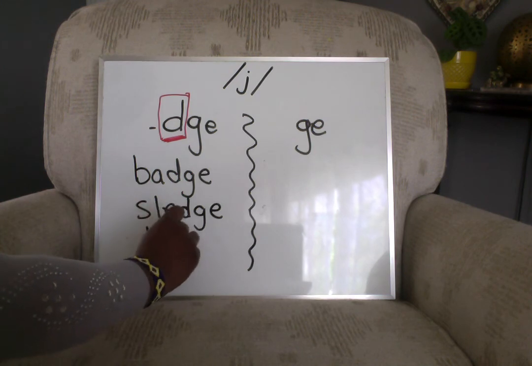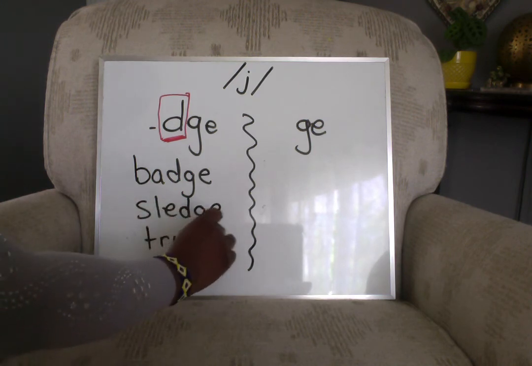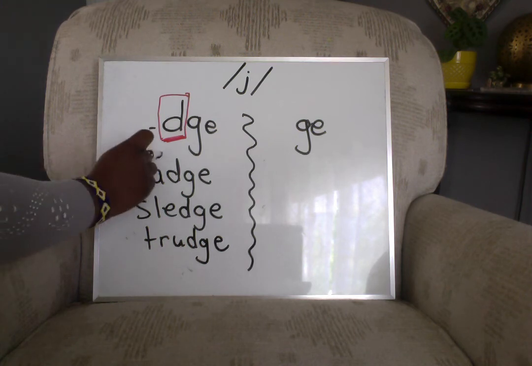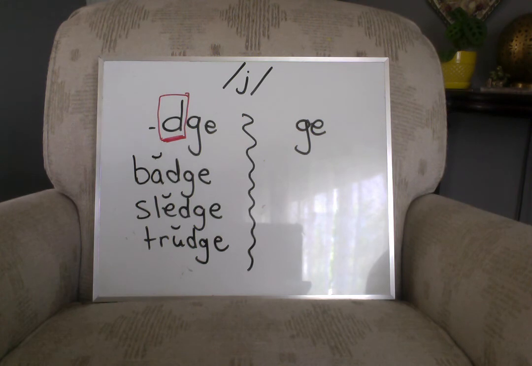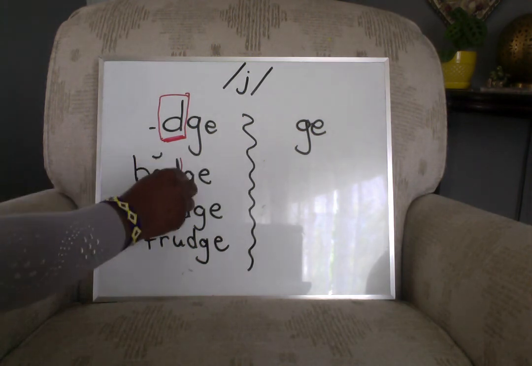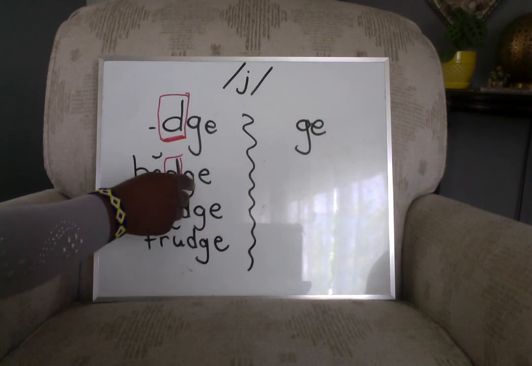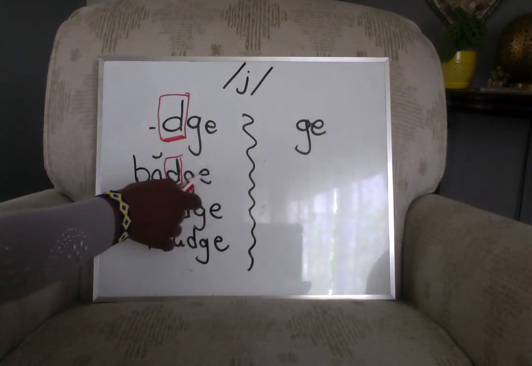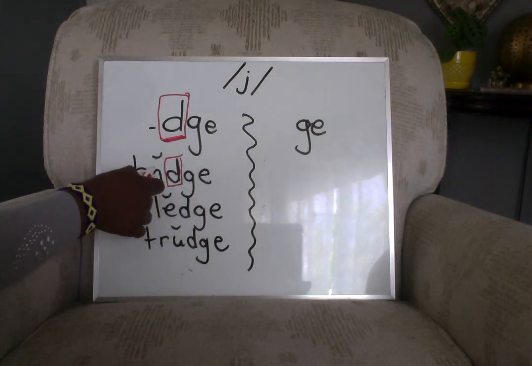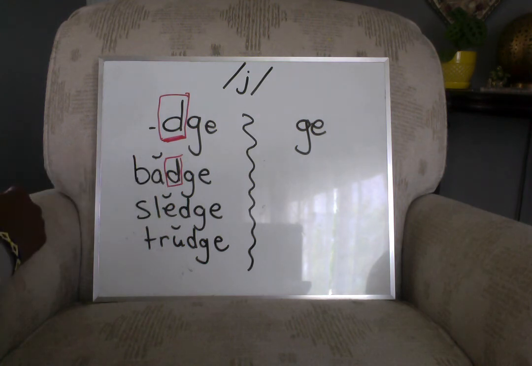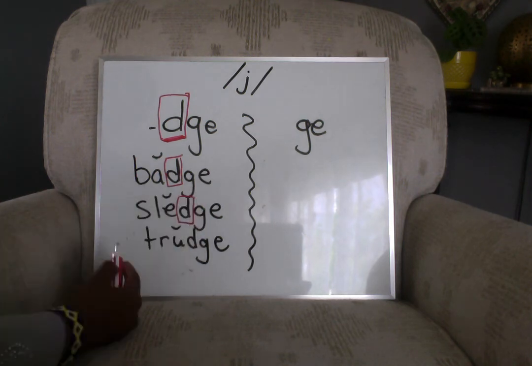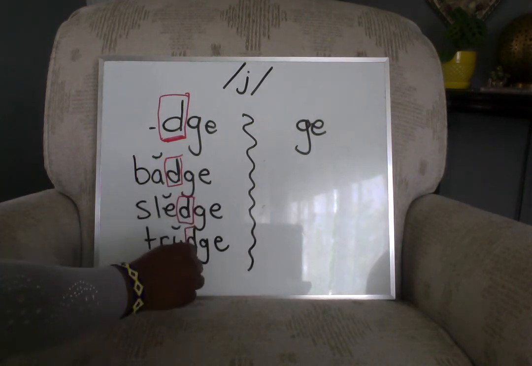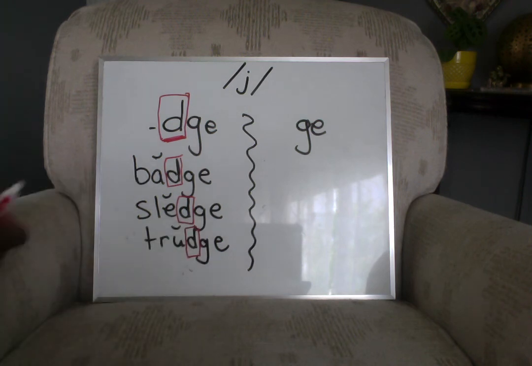Trudge. All of these have the short vowel sound because this D is acting like a placeholder and it's closing off. Otherwise, it would be G silent E, which makes it say A, beige. But no, that D is acting like a placeholder. Badge, sledge, trudge.